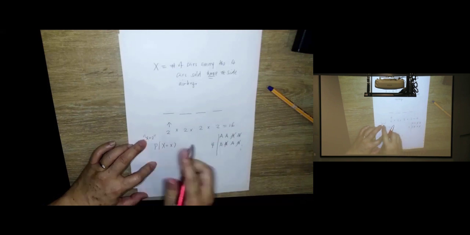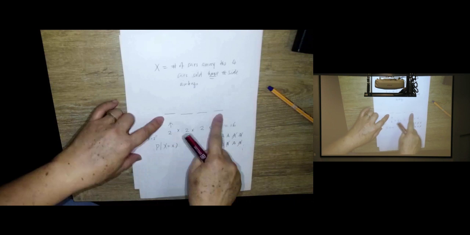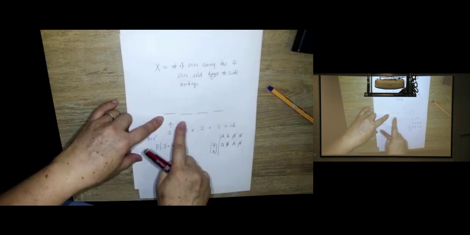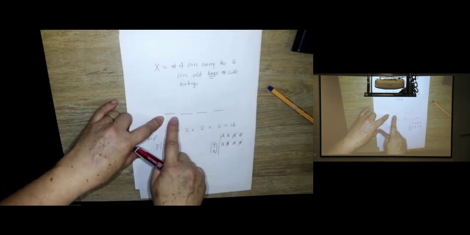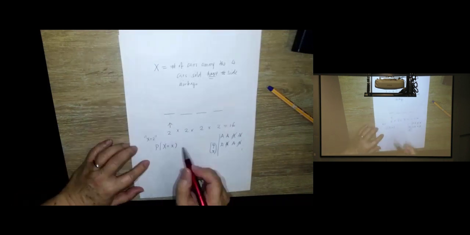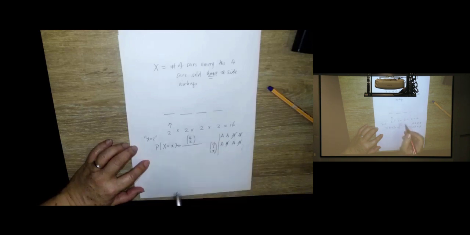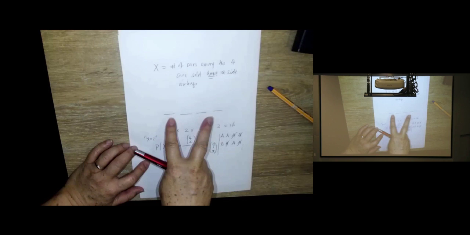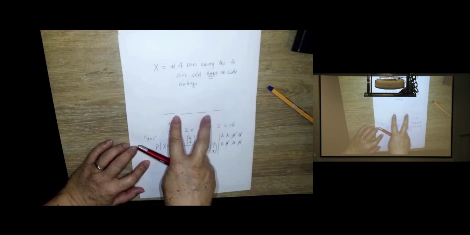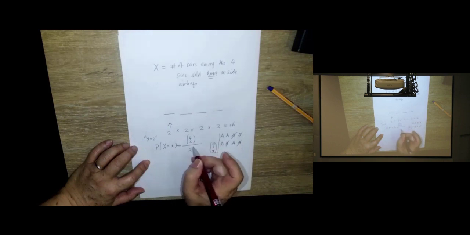But here I'm thinking of the general situation. Among these 4 positions, I want to have X cars that have airbags. So I have to choose X places out of these 4. That would be 4 choose X. So this probability would be the number of ways of doing it, placing which X positions where I would put the airbag, and then all the possible number of ways is 2 to the power 4. So that is how this probability is done.